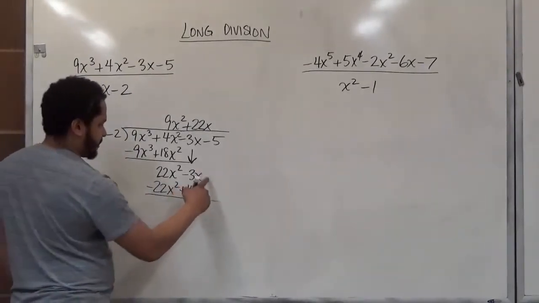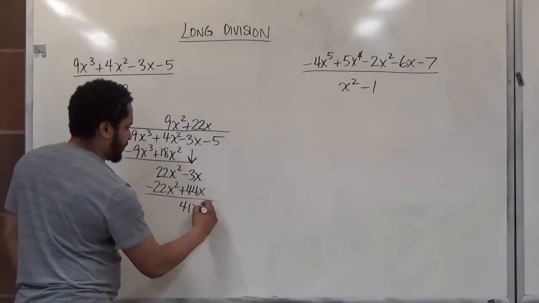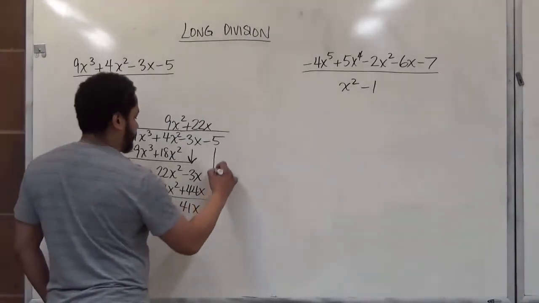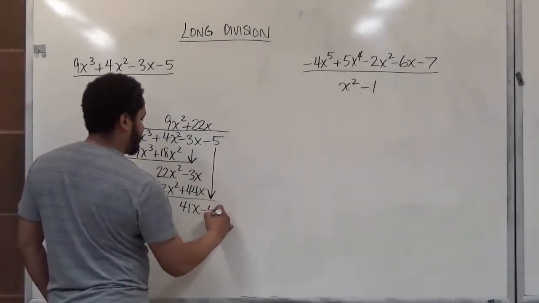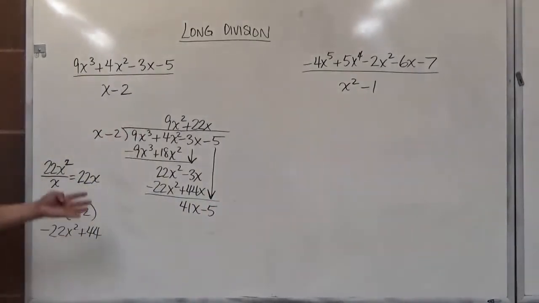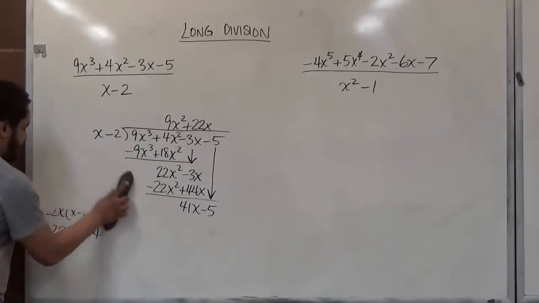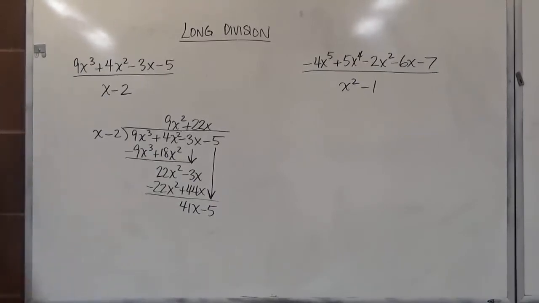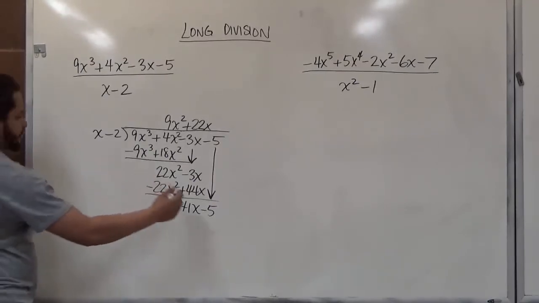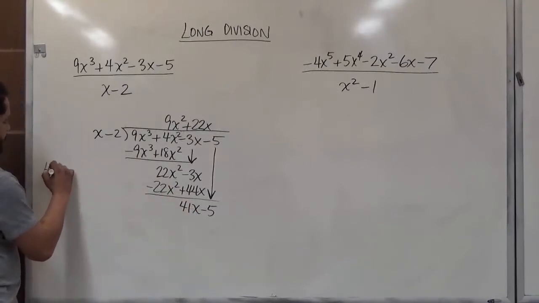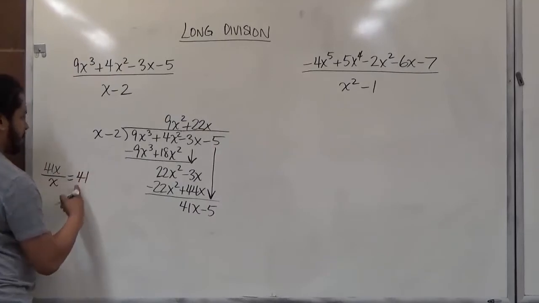The first 2 cancel out to 0. The second 2 add up to 41x. We're going to bring down the third term, which is minus 5. And we have 41x minus 5. And again, we're going to divide, multiply, and subtract, repetition here. So 41x is our term, and we're dividing that by x. We get 41. It's positive.